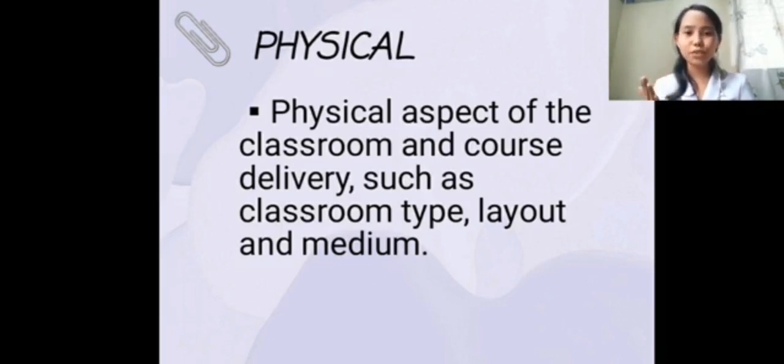When we say classroom type, it could be an auditorium, a small classroom, or a laboratory, and many more. For layout, it could be students sit facing the front of the room, students sit in small groups, or everyone sits in a circle. And for medium, we have face-to-face or online.